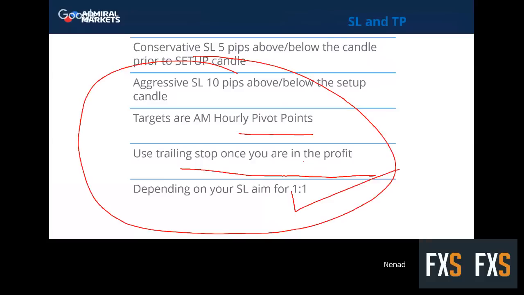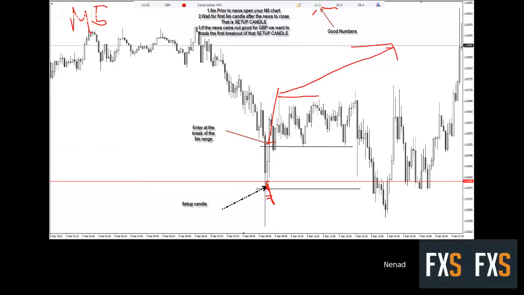But if you use a conservative stop loss, okay, you can use it also 10 pips below it. Back in the days, I tended to put my stop loss there. But here, it would really be a huge discrepancy between entry and stop loss. So how I teach now is 5 or 10 pips below, in this example, the setup candle.